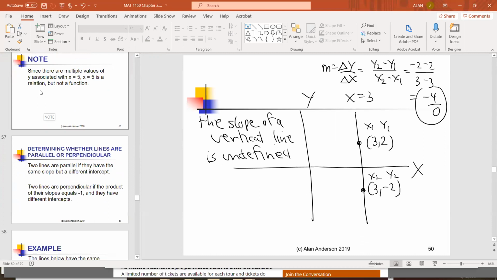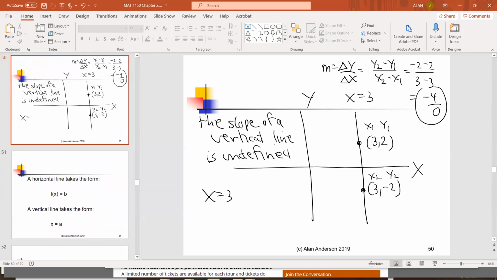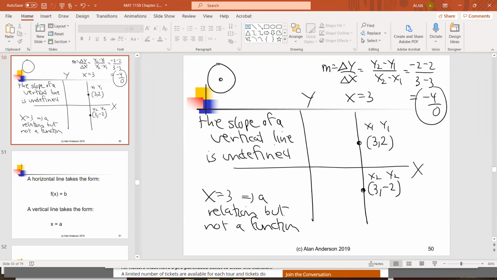And by the way, one more interesting feature here, that implies that this is a relation, but not a function. Why? Because remember how that works. If these are the x's, this is being associated with more than one value of y, and therefore it is not a function.